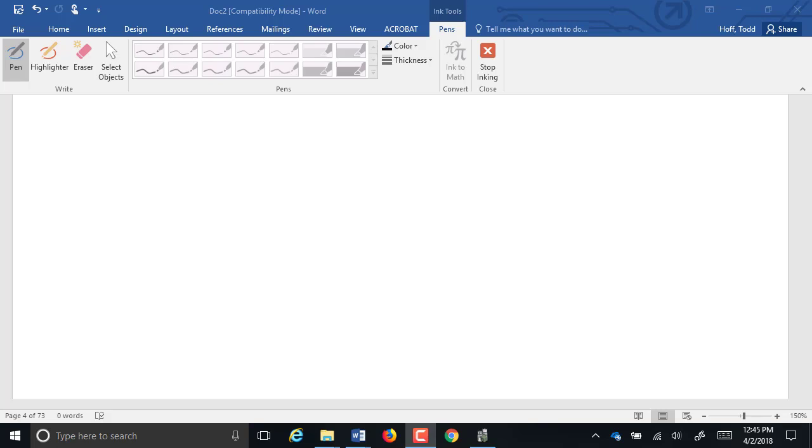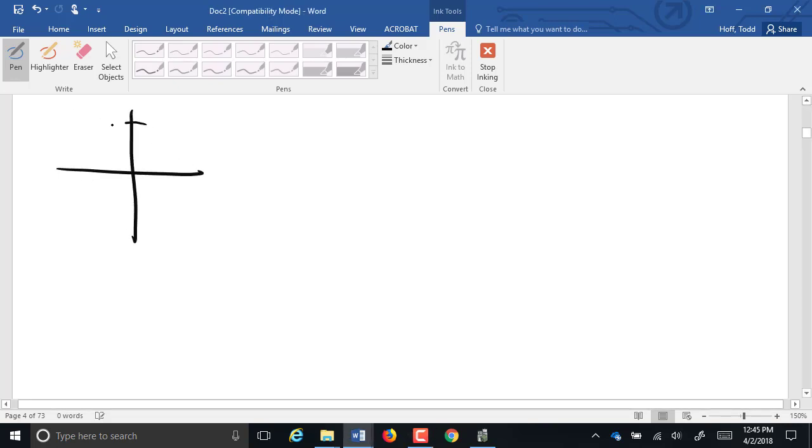So what we're going to do today is we're going to take this unit circle to the next level. Pretend that looks like a circle. What we're going to do is actually graph y equals sine x.